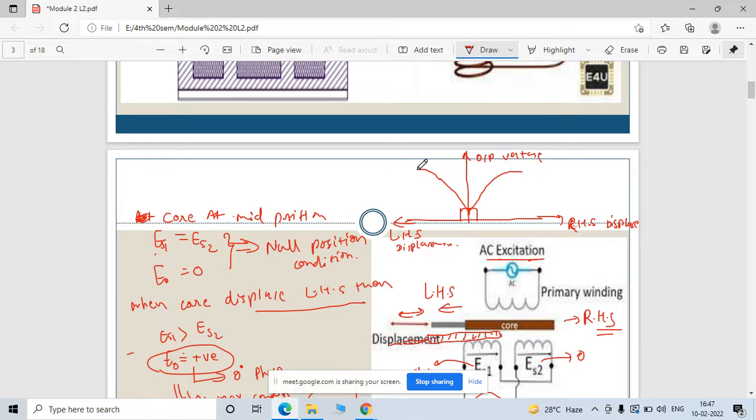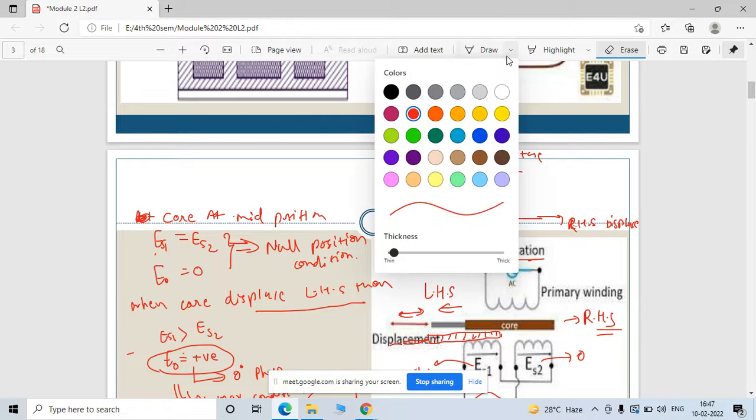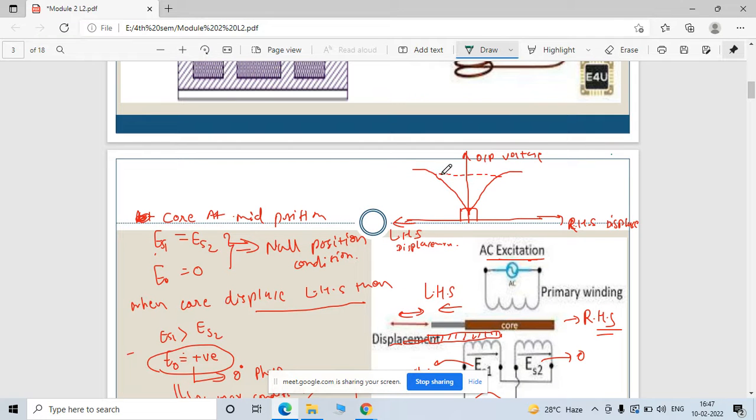This is the advantage of using the LVDT, and that's why the LVDT has most of the applications, because over some range it has a linear region. But when you increase the range, this region also changes.